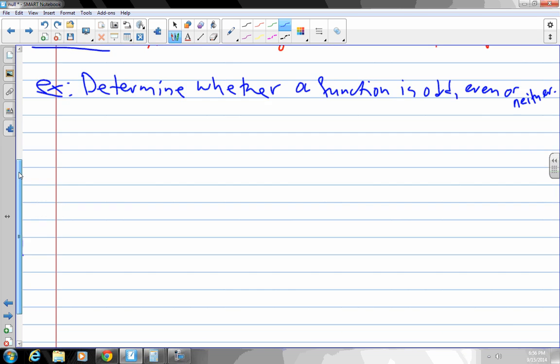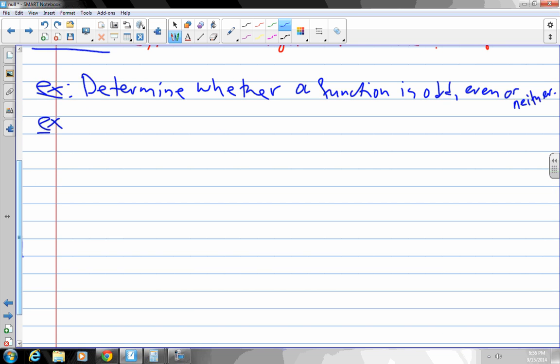So I'm going to start you off with this little guy. f of x equals absolute value of x minus 3. Okay? So odd, even, or neither.